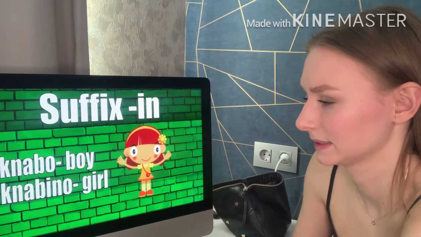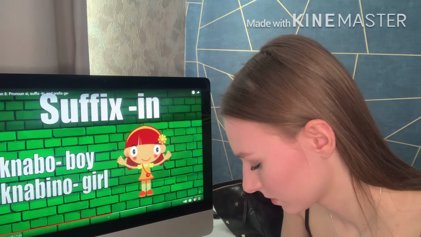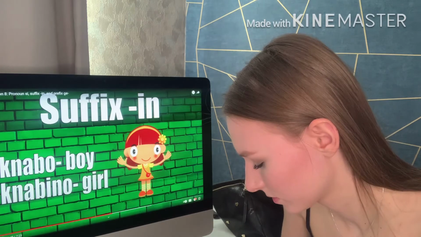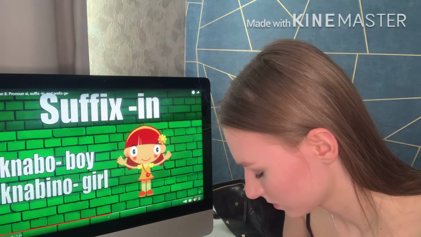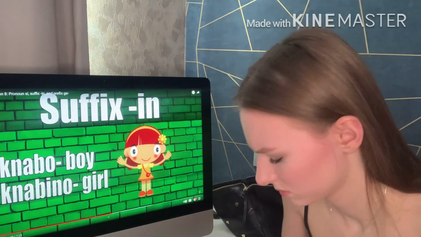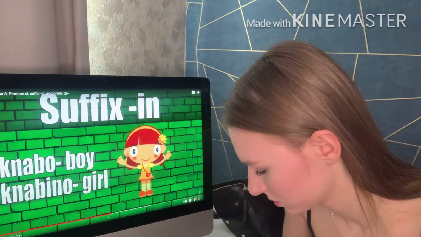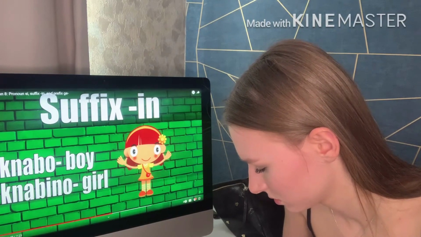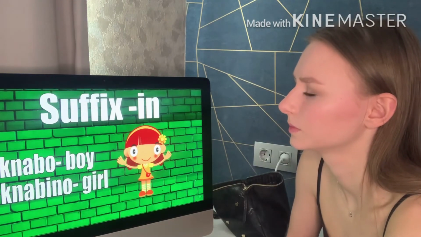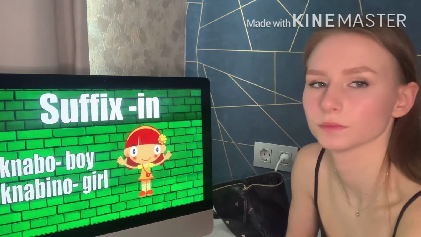Notice that we added the suffix -in after knab, and then we added the o on the end. This is because knabo and knabino are nouns, so they must have the o ending.